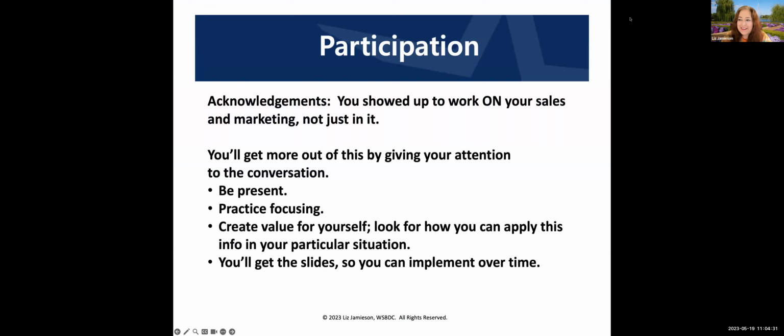So good on you for showing up today, actually carving out time to work on your business, not just in it. It's always very compelling to want to put out fires all the time. There's plenty on the long list to do for most of us all the time, but we can actually get such great benefit out of carving out some pieces of time to plan, to create intentions, to be deliberate, to work on the business, not just in it.